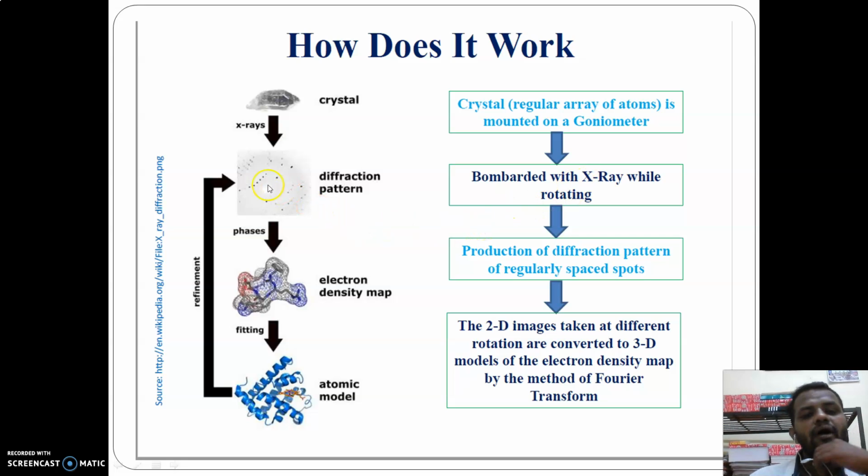Once you get this diffraction pattern, it is manipulated, or derivatized, using some software applications, and we can get the electron density map from it. Some programs have been designed which consider the reported methods.